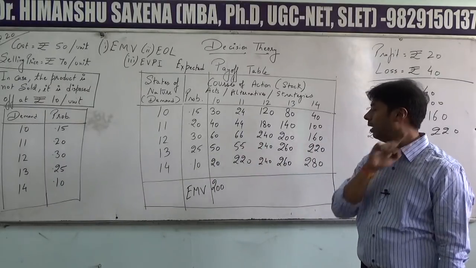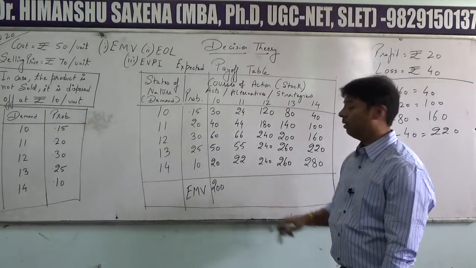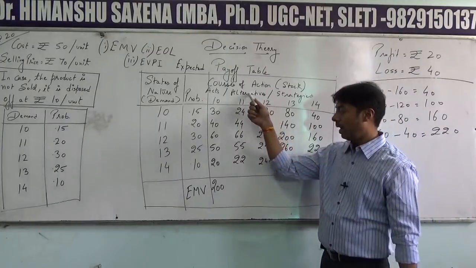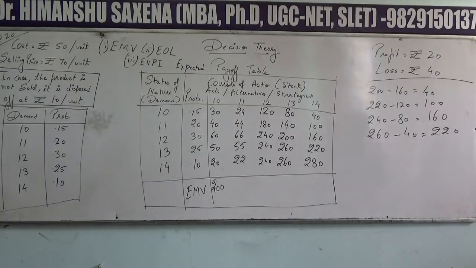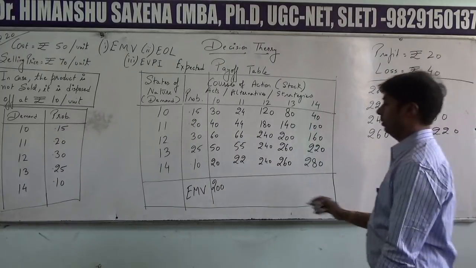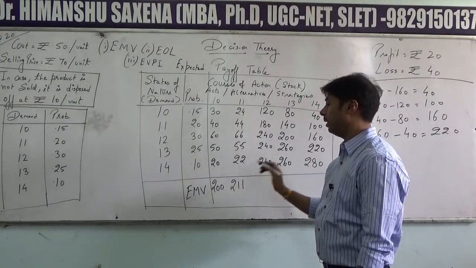And 220 multiplied by 0.10 will give you 22. Now add up all these values to find the EMV of the next column. You have to total all these values, so that will give you 211.